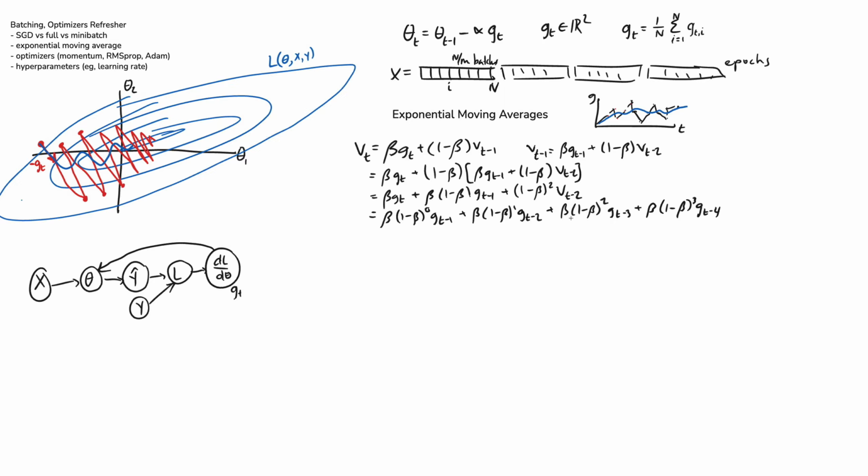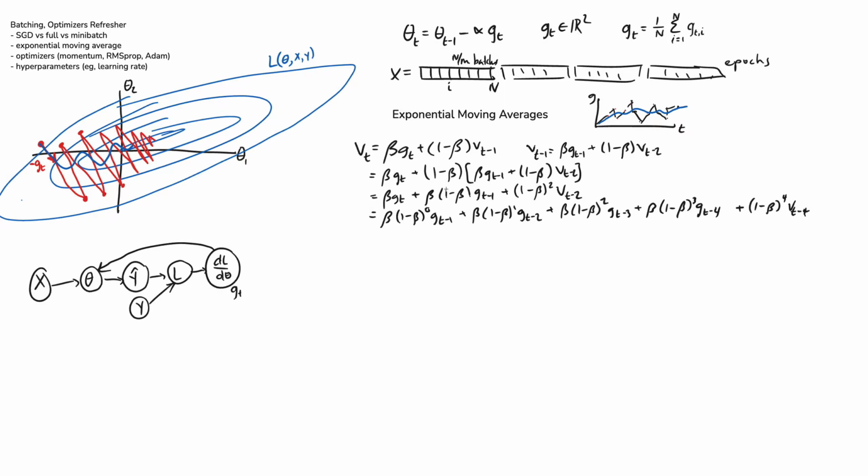Skipping some steps, there'll be another term here, which we're not going to expand, with no beta in front. Then here's your next recursive term.